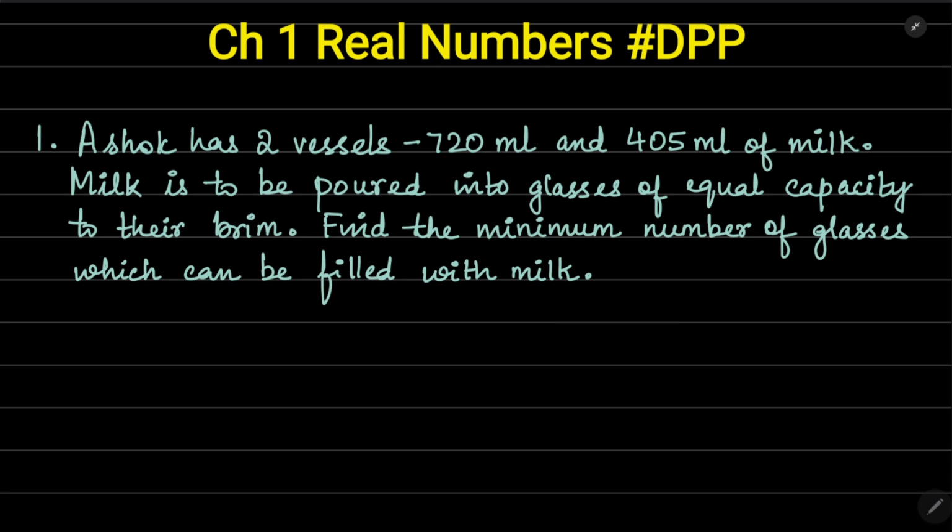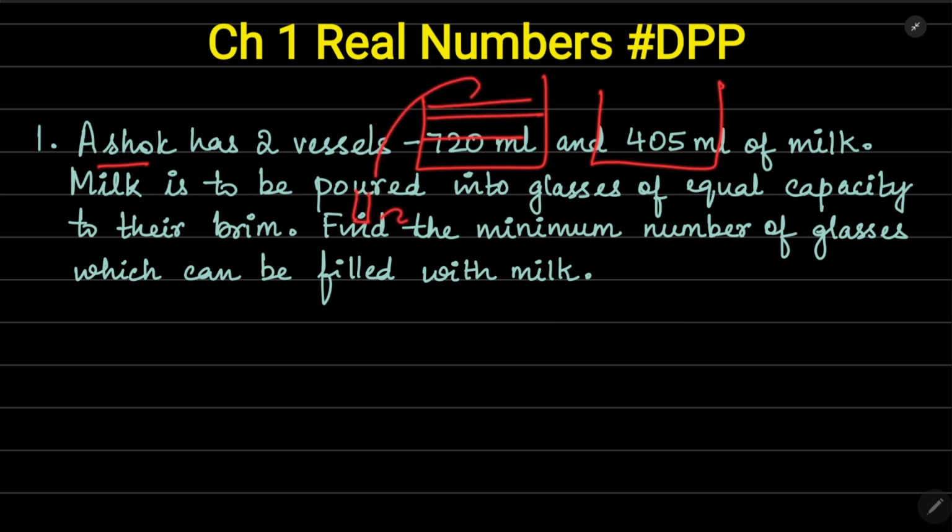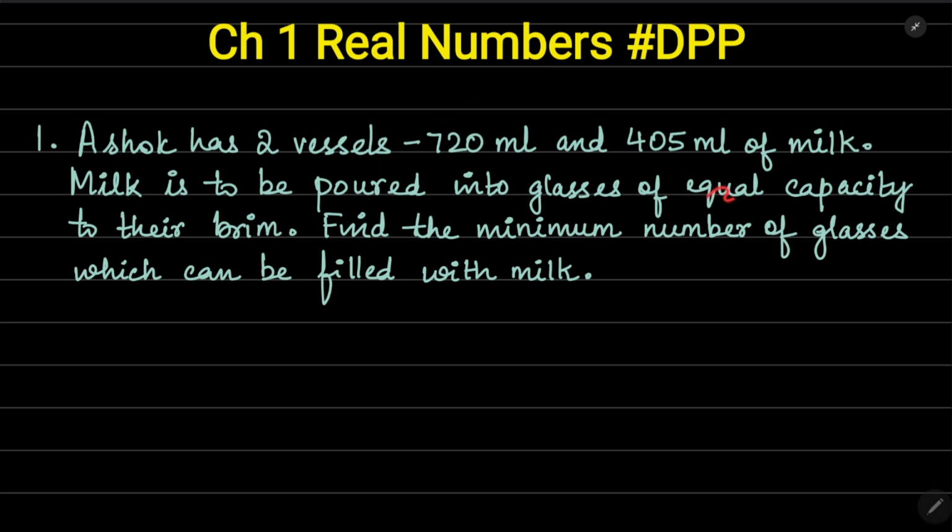Now what is given is Ashok has got two huge vessels of milk, and this milk has to be poured into small glasses, right? Glasses of equal capacity up to their brim. What is the minimum number of glasses which can be filled with milk?